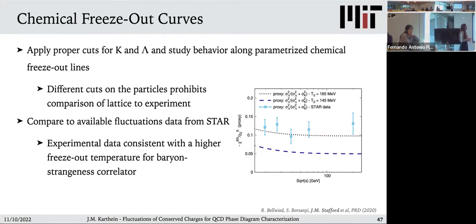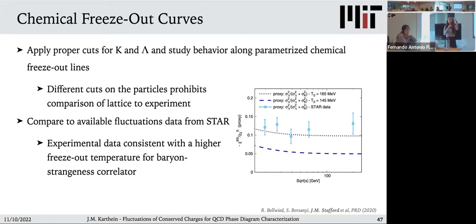So if we want to see how this quantity behaves in the QCD phase diagram in order to be able to compare it to experimental data, then we can apply the same cuts to our HRG model as those in the experiment and calculate them along parameterized freeze-out curves in the QCD phase diagram. And for example, if we take two different parameterized freeze-out curves, one at T naught, so the initial crossover phase transition temperature of 145 MeV, that would be this blue dotted line here, or an initial one of 165.